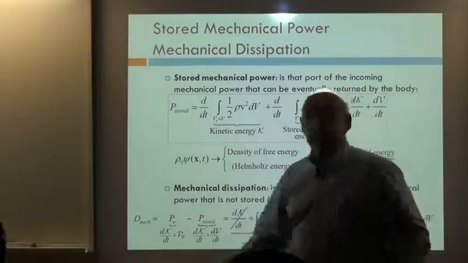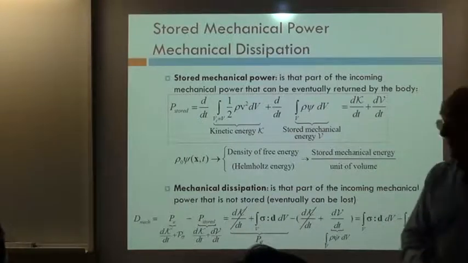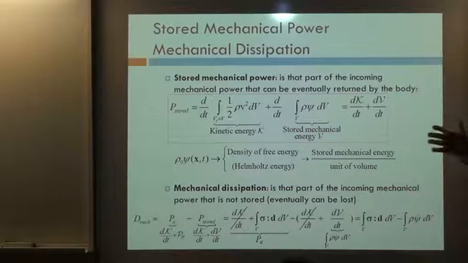then we define the dissipation, as I anticipated. The dissipation is that part of the external work per unit of time, that part of the power, which is not the stored power.